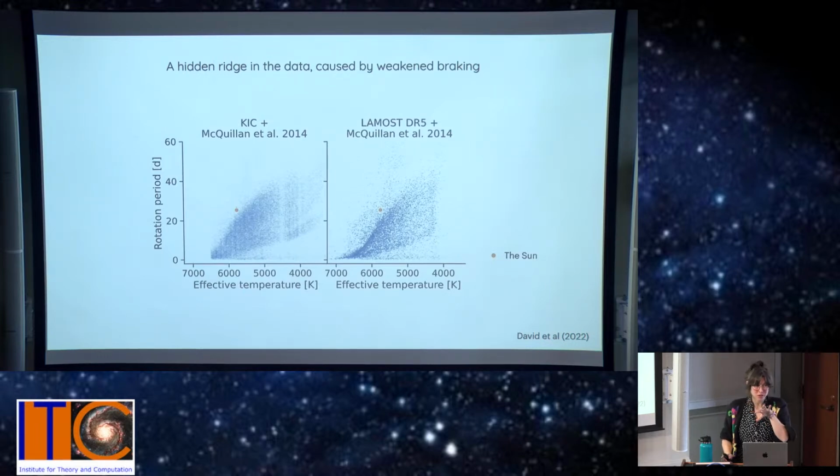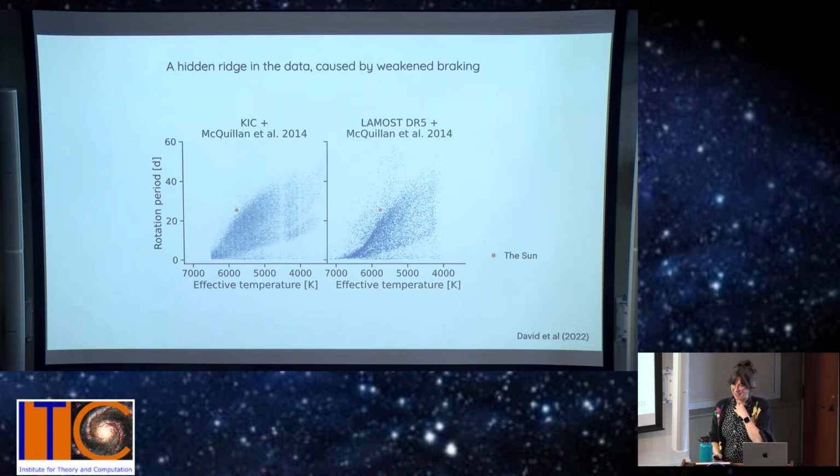So this is not really, I don't think, a big deal for age dating stars. It does mean that you have to apply gyrochronology with caution to G dwarfs, but if you want an age for a G dwarf, a combination of gyrochronology and isochrone fitting will get you a pretty long way. And I would recommend using one of Jen van Saders' gyrochronology models if you've got a G dwarf.